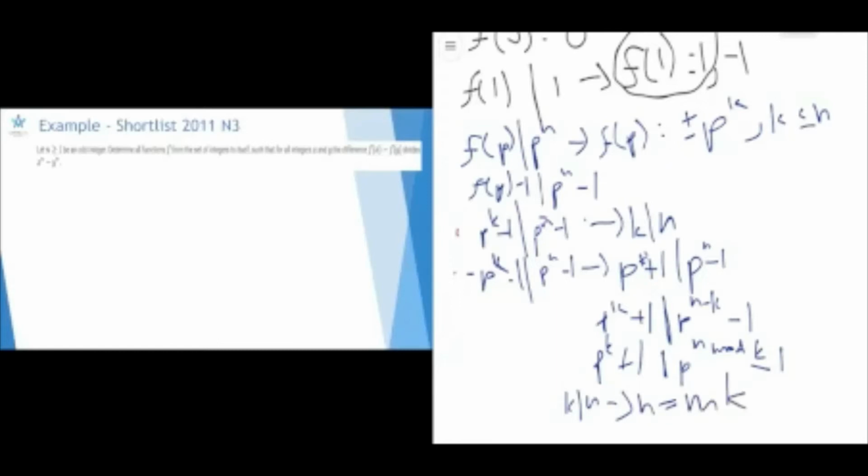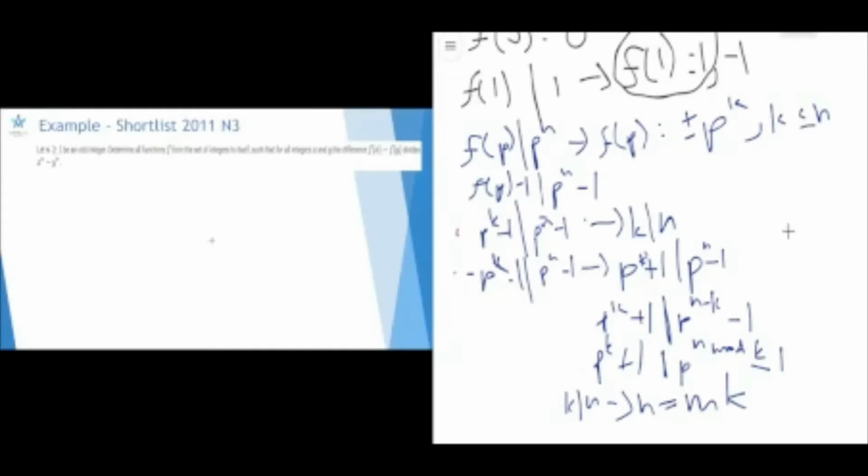Then we have p to the k plus 1 divides p to the mk minus 1. But we also know that p to the k plus 1 divides p to the 2k minus 1. So let's say m was odd.